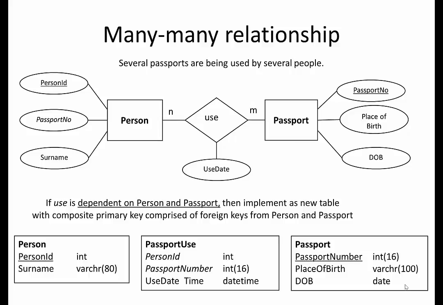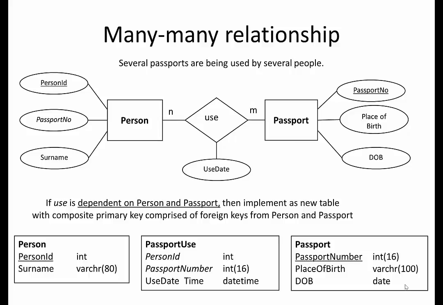If the use of a passport is dependent on both the person and the passport, then whenever something gets entered into the database, we need to know about both the person and the passport to enter a record. Okay, so we need to know who this individual was coming through as well as what passport they were using.